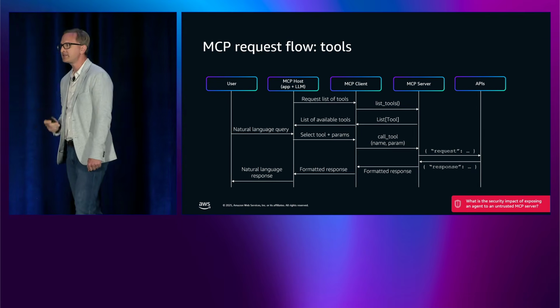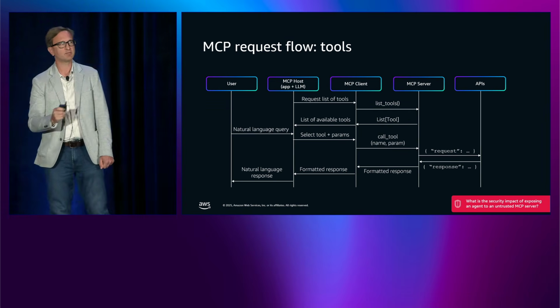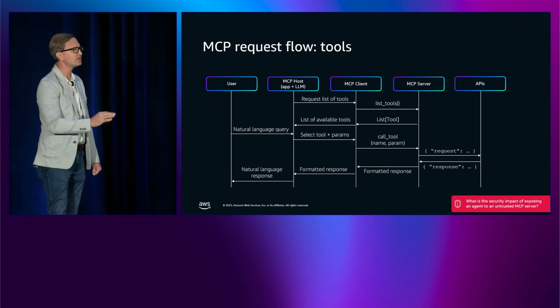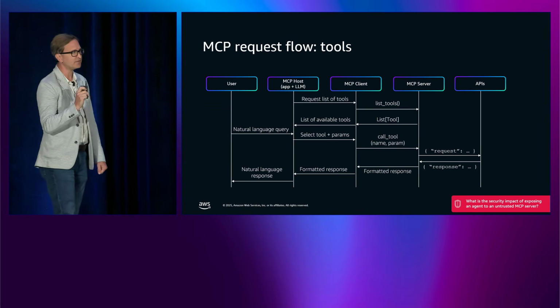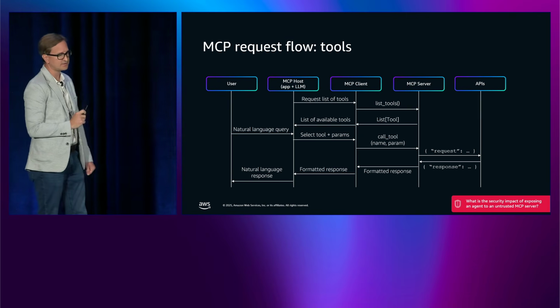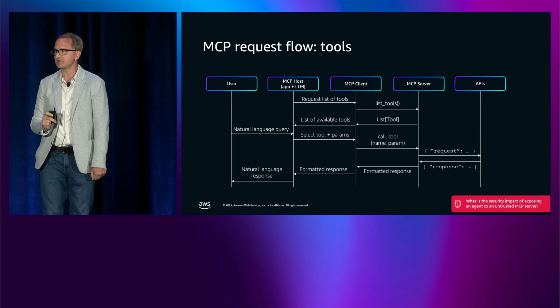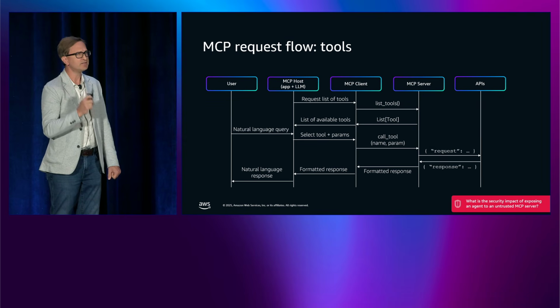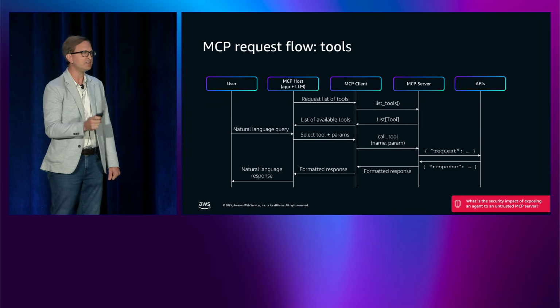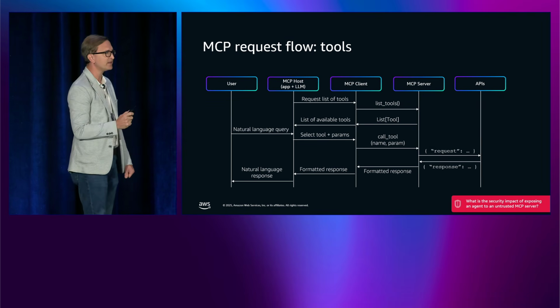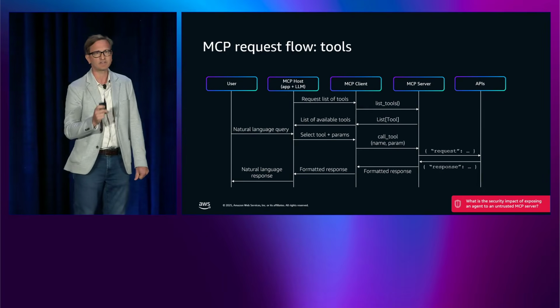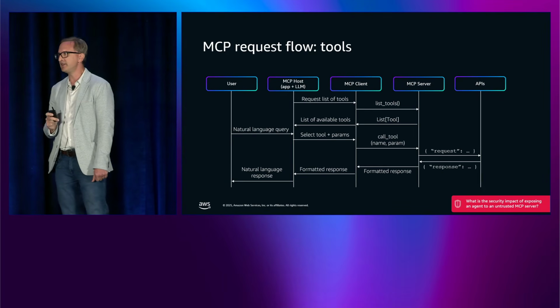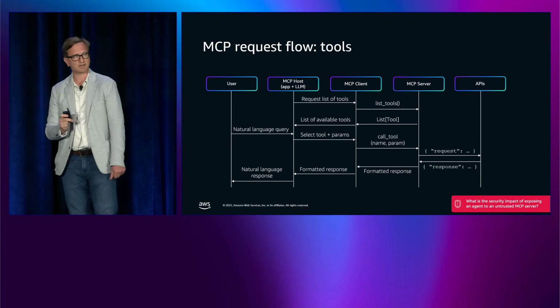So I'm going to circle back to that question we had earlier when we talked about tool definitions, which is what are some of the security impacts of exposing an agent, in this case, to an untrusted MCP server. Same thing as we had with those tool definitions. Well, as you can see here, before the user even has a chance to interact with the application, we are already ingesting potentially untrusted data inside of our large language model.